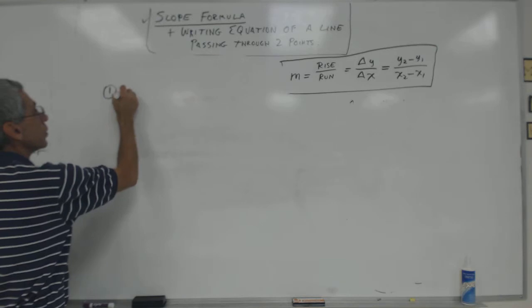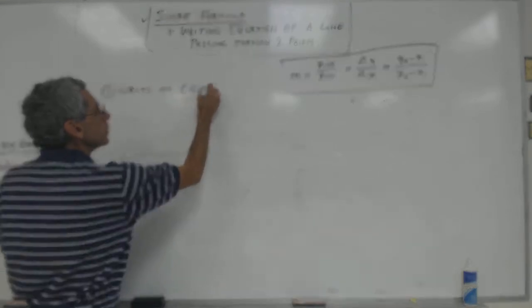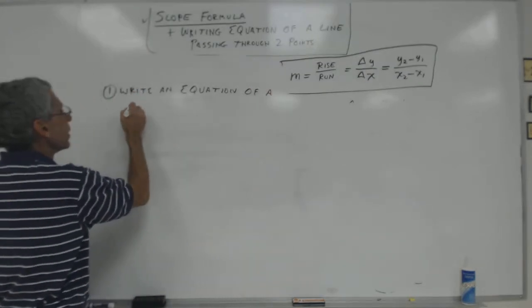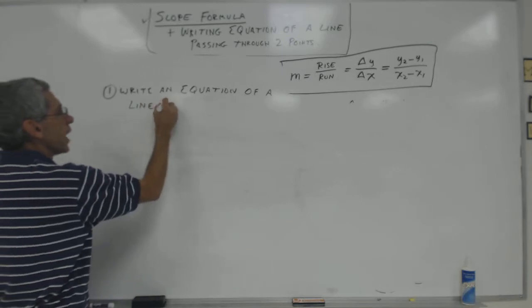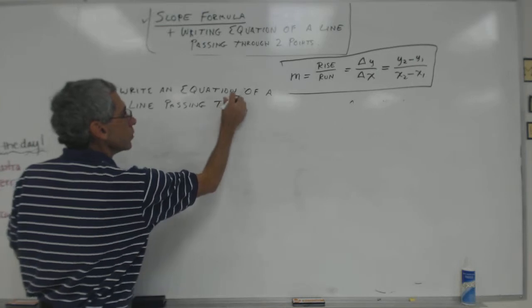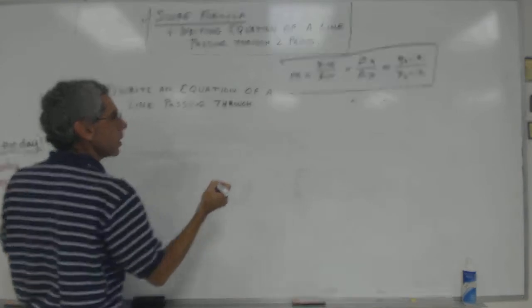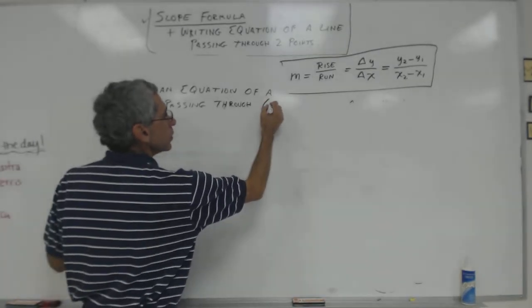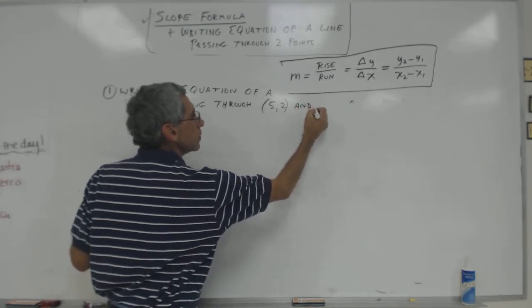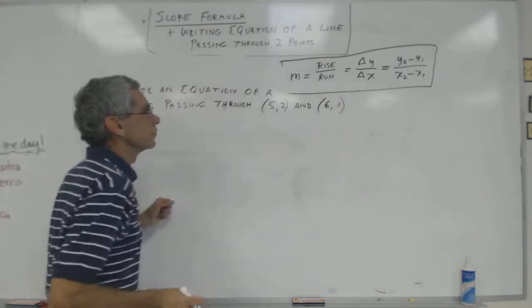so here's our problem. Write an equation of a line passing through 5, 2 and 6, 1.